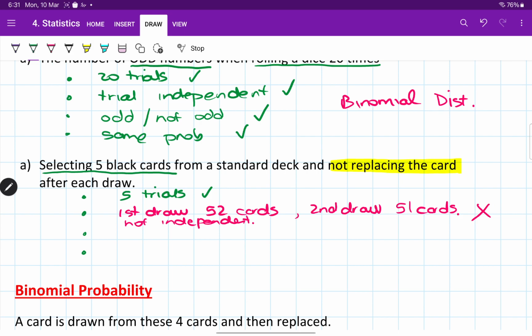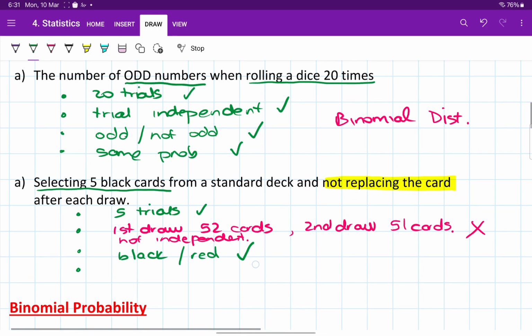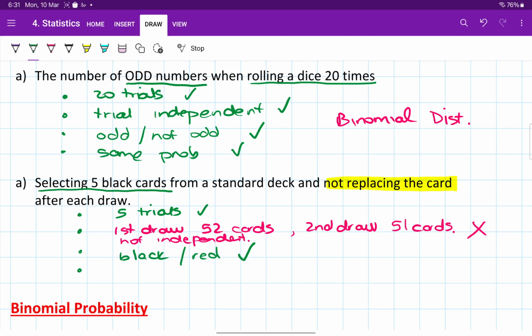Are they complementary? So we either get a black card or a red card. There are no other options. Every card is either black or red. So they are complementary. And lastly, are the probabilities of each trial the same? Well, as we mentioned up here, what's the probability of getting a black on the first trial? That is 26 out of 52.